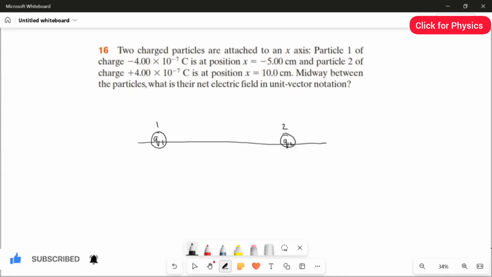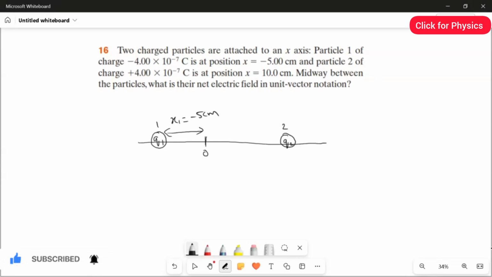Now particle 1 is at the location of minus 5 centimeter. For that, I can make an origin. Let's take this as our origin. From the origin to a distance of minus 5 centimeter, the first particle was placed. So here x1 is minus 5 centimeter.